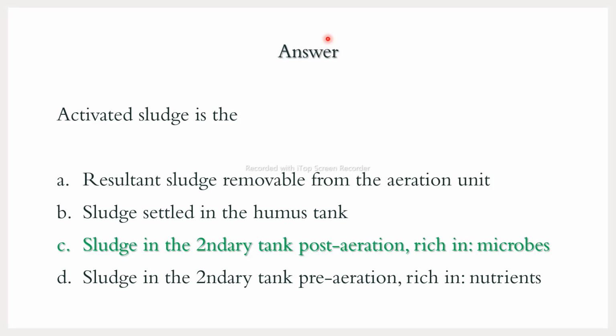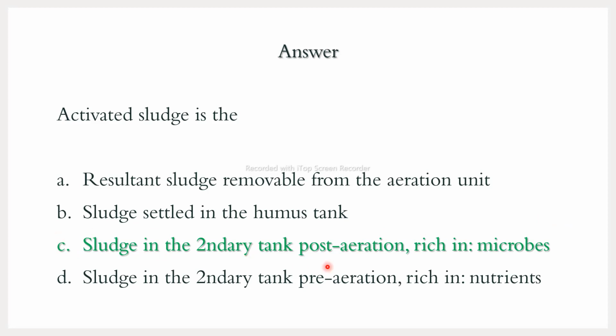So that's why it is called activated sludge. How are you activating the sludge? By the help of the aeration. So post aeration means after aeration. Pre aeration means before aeration. After aeration, the active microbe content, who will participate in the decrease of the BOD, actually increases in the sludge. Their amount increases in the sludge.